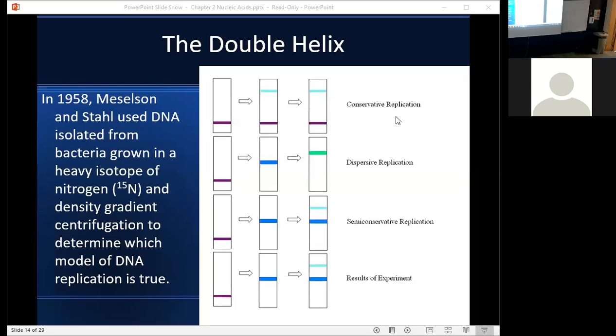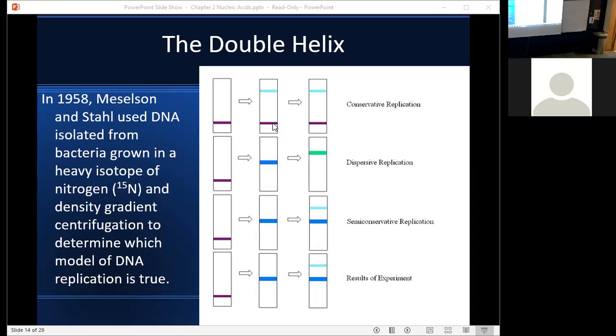Okay, so let's look at the results that we would expect for conservative replication. In conservative replication at the 0 time point, we're just going to see one band of heavy DNA labeled with N15, so it's going to go farther down the cesium chloride gradient.